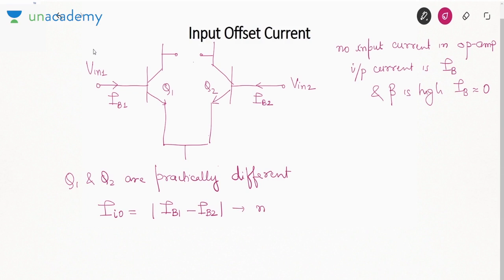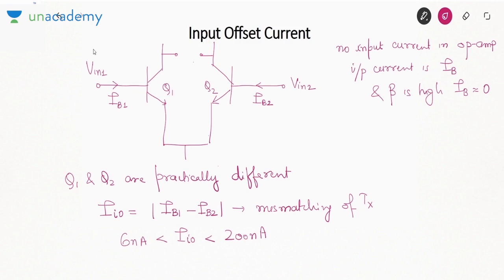It indicates mismatching of transistors, because if the transistors were exactly the same, their difference would be 0. This current will lie between 6 nanoampere to 200 nanoampere. This current is very small. Whenever you are solving numericals, you can assume that the input current to the op-amp is 0, but practically the difference of the input currents is called the input offset current.